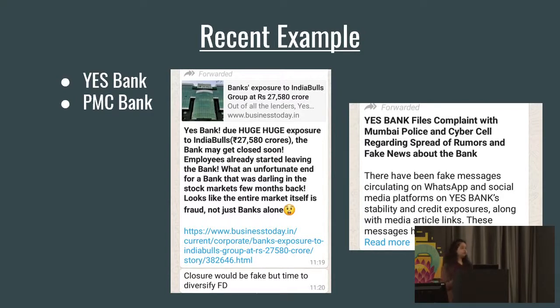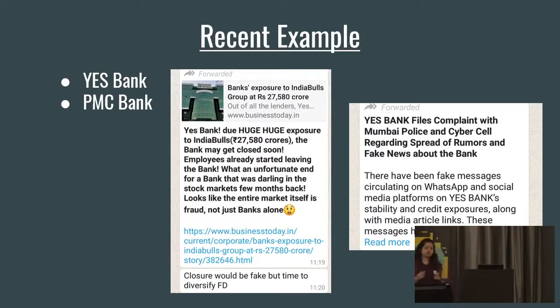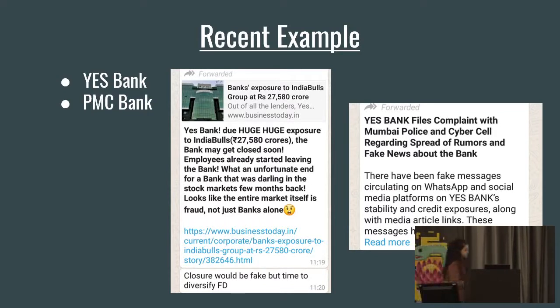However, if you go to the article and you read it, you will not find a single sentence that corresponds to the message sent over here. Yes Bank saw its effects, which is why they decided to file a complaint with the cyber cell. But who does that for individuals? Who does that for communities? Yes Bank is an organization because of which they could do this.